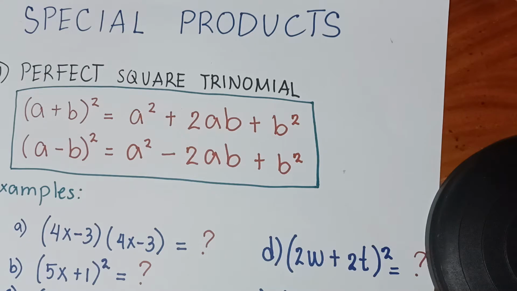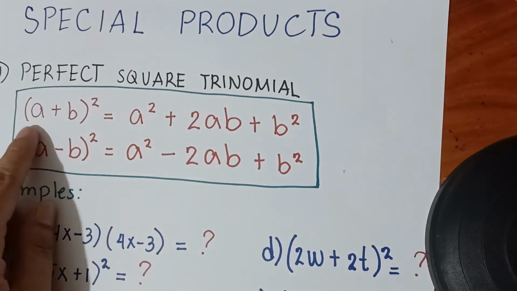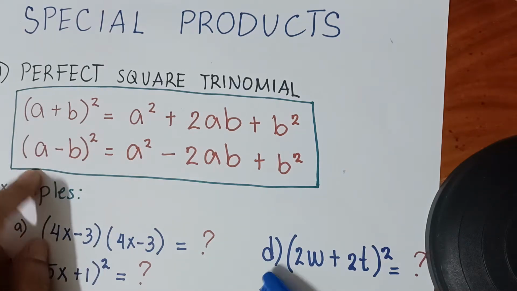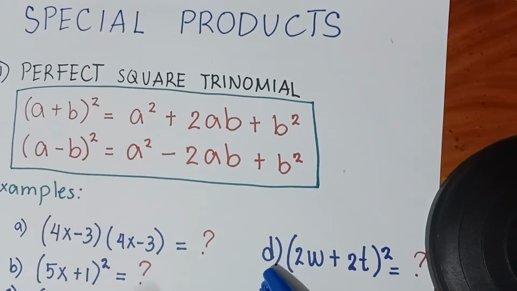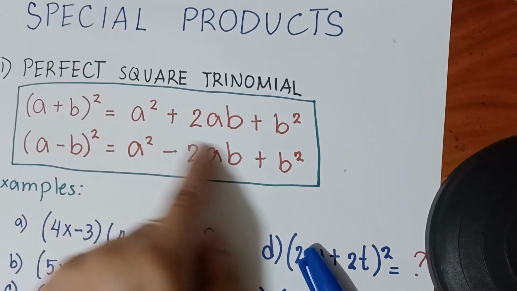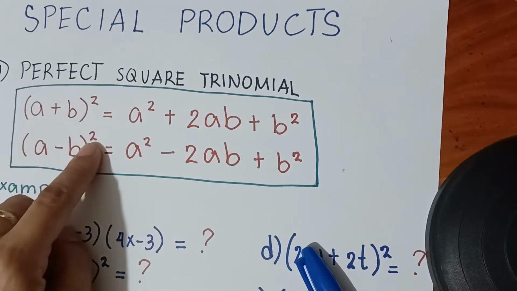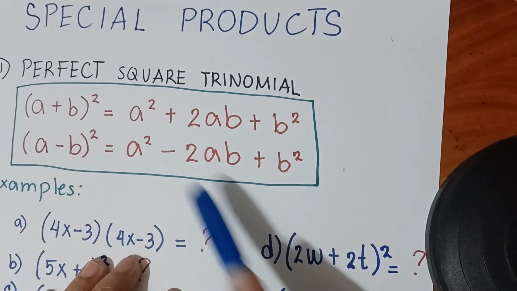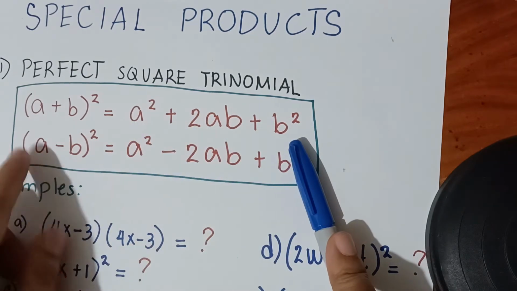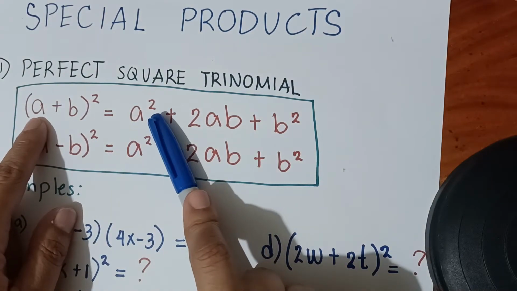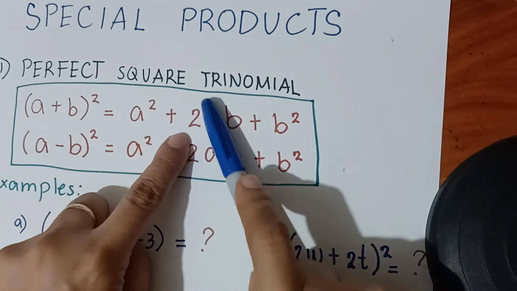Ang formula, this is the formula that you need to memorize para when you see this kind of multiplication, if the A and the B, the first term and the second term are the same, and you are just multiplying it to itself, eto na yung gagamitin mong formula. So, if you are multiplying A plus B, close and open parenthesis, square, the easiest way to do that is you square the A, A square, plus 2 is constant.